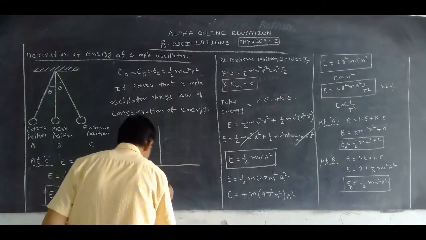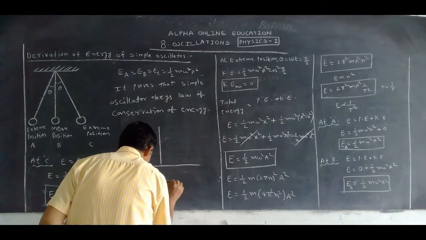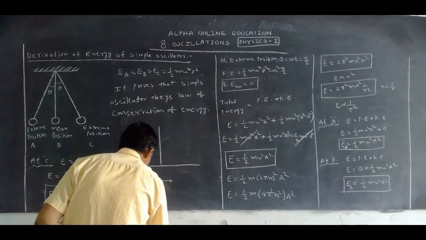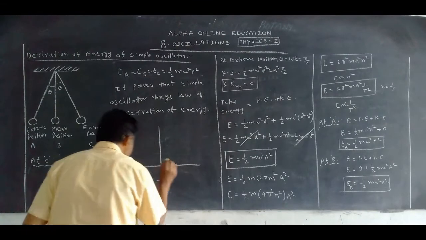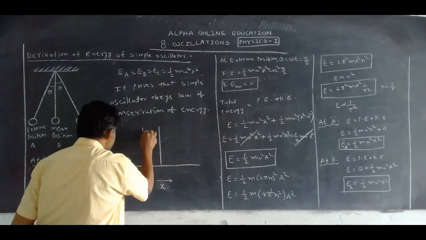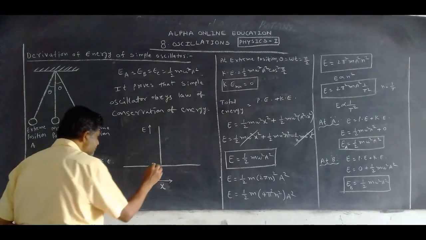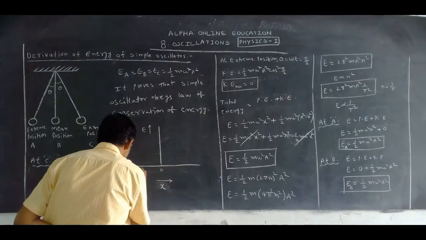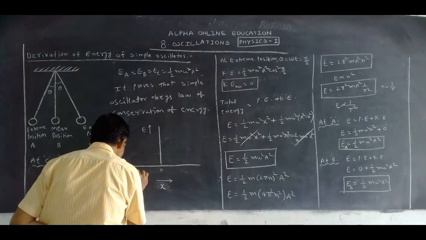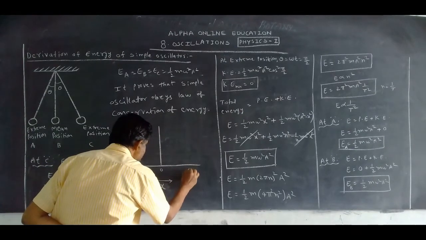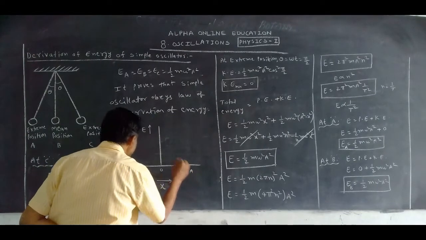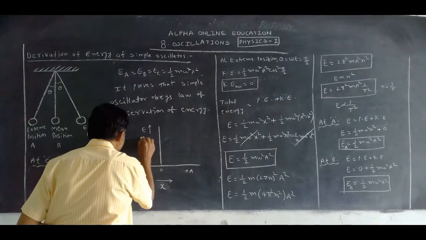This is the graph. Along x-axis we want to take displacement. Along y-axis we take energy. This is 0. Here it is minus A. Here it is plus A. Now let us take another line.